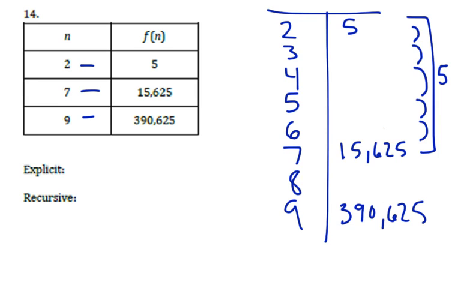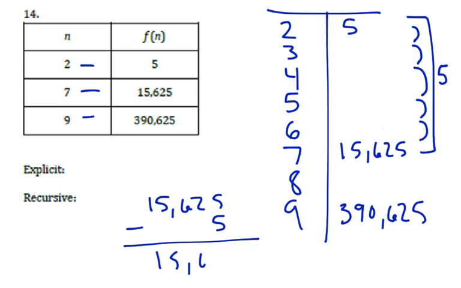So if we're adding, we need to go 15,625 and subtract the 5. That would give us 15,620. Then we divide that by 5 to figure out what number would be added. So you grab your calculator, type that in, divide by 5, and we get 3124.